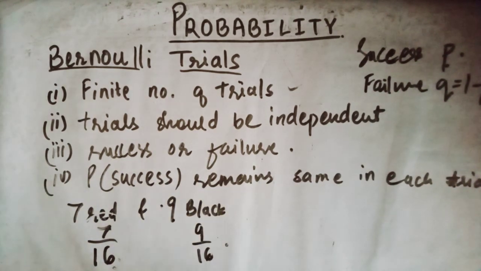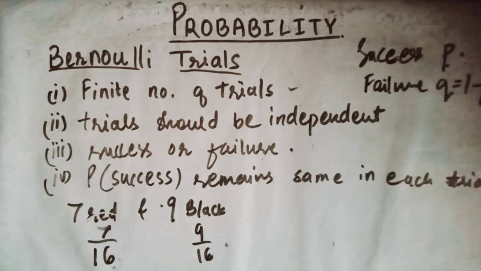There are only two outcomes, that is success or failure, and the probability of success remains the same in each trial. So if we are taking out a red ball every time, then this probability of success will remain the same because we are replacing the ball which we have taken out, so 7 by 16. Now let's look at the second thing, that is not replaced in the urn.